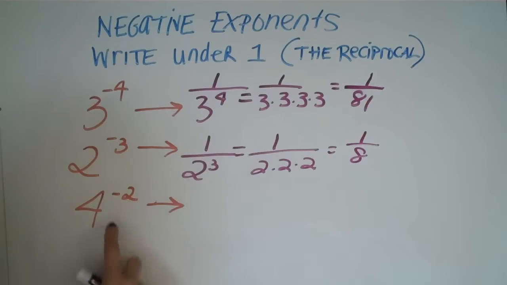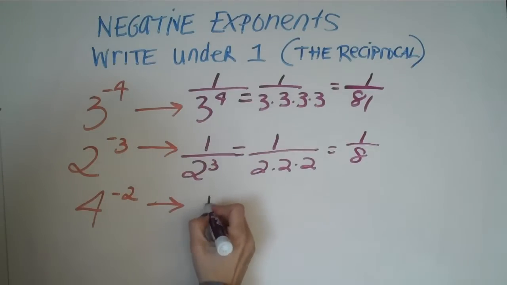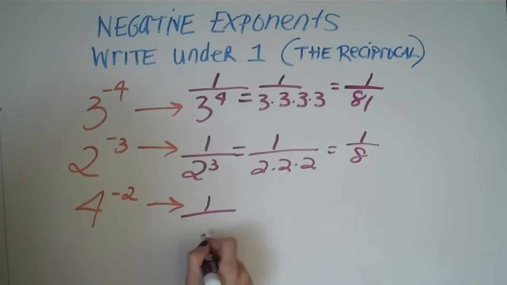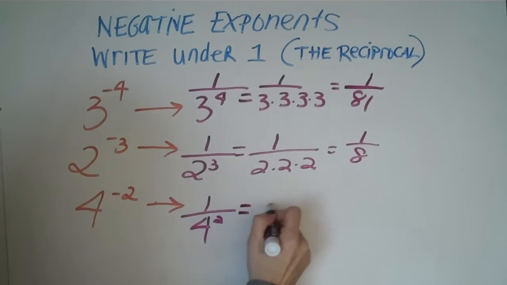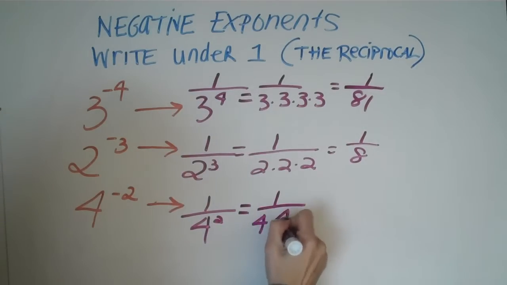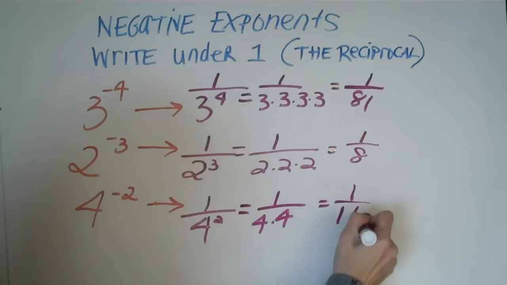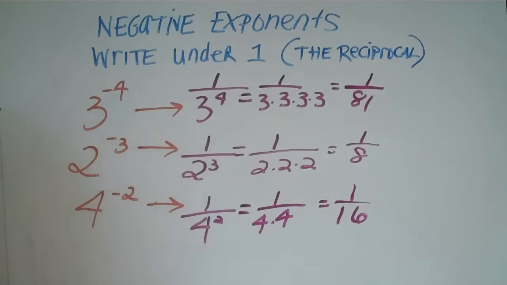So pretty simple. 4 to the negative 2 power, 1 over 4 to the 2nd power, or 4 squared, which is 1 over 4 times 4, which is 1 over 16. So far so good. That's nothing too complicated yet. Hopefully all that is clear.